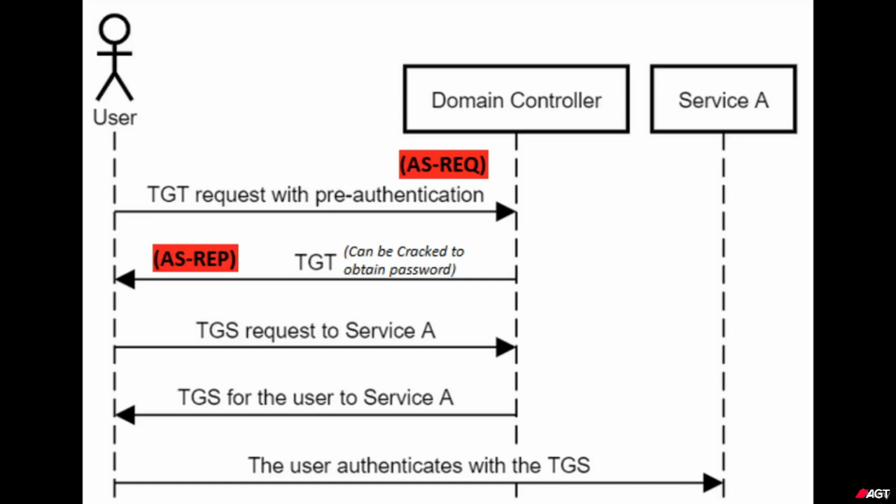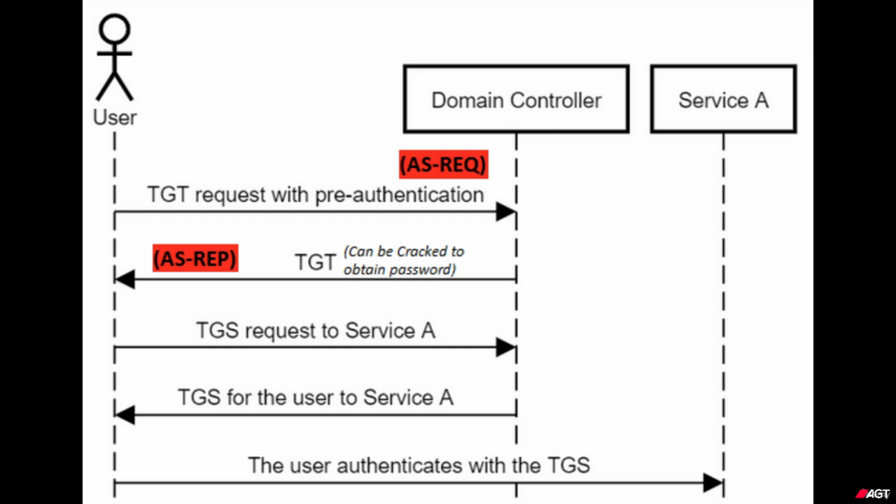This figure depicts the standard process with pre-authentication enabled. Shown here, the user sends the DC an authentication request, which contains client identifiable information that the DC will later decrypt to verify. It's encrypted using a key which is generated from a timestamp and the user's password hash, which is also done on the client side.